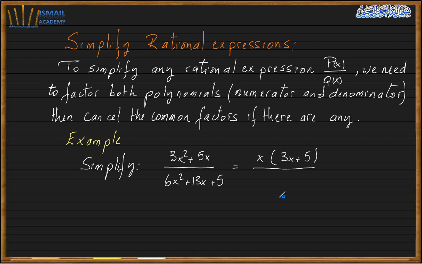So it's going to be x squared plus 13x plus 30.